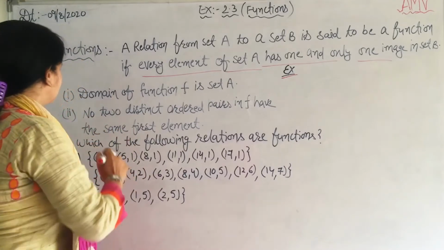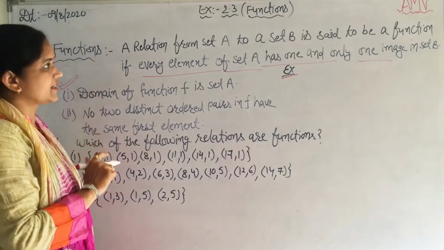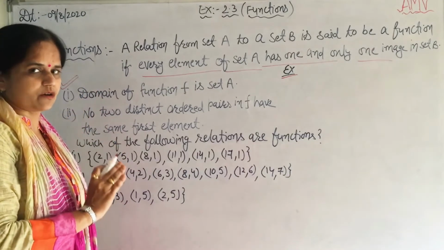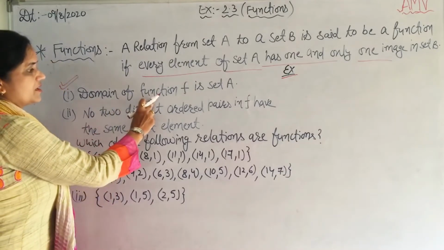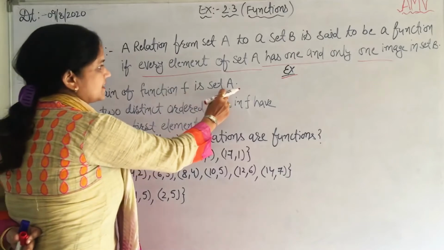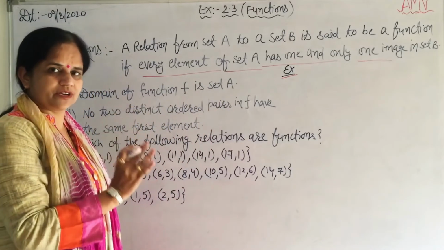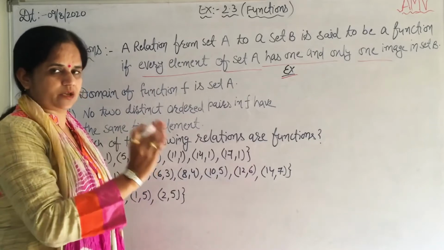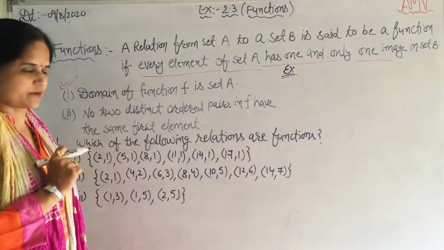And keep in mind, there are 2 points to determine whether a relation is a function or not a function. First, the domain of function f is set A. If you are finding the domain of the function and it is equal to set A, then the relation is a function.